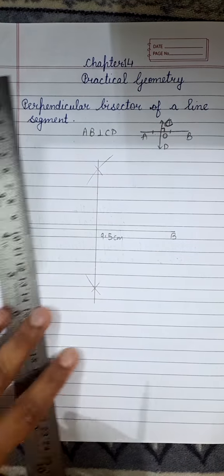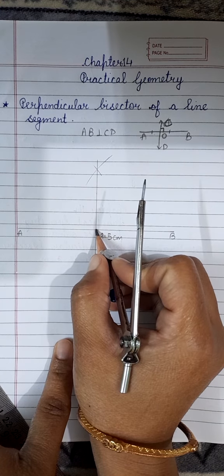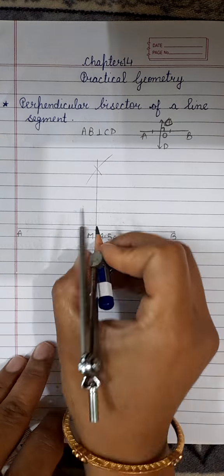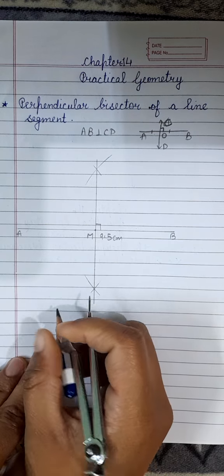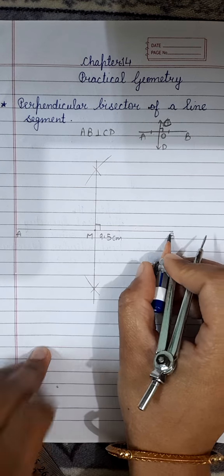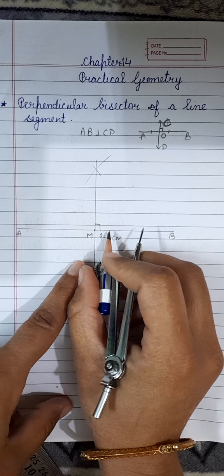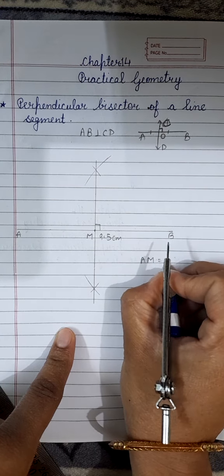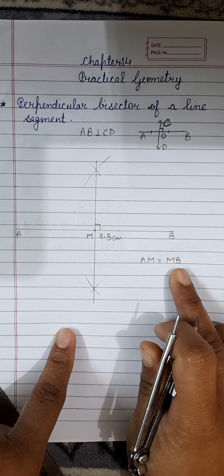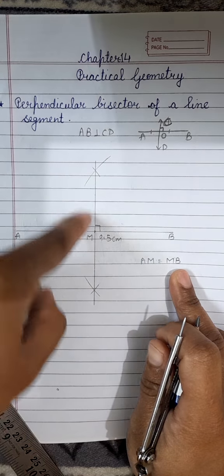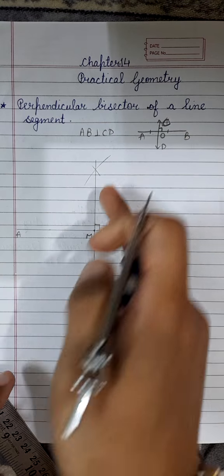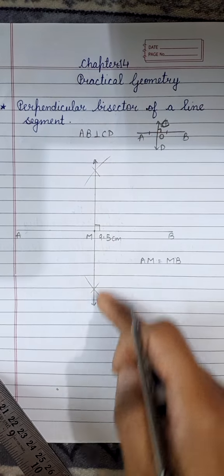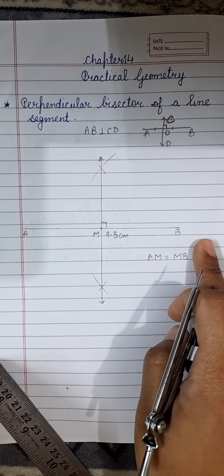When you join, you will find another point, which you can name M. So M is a point which is bisecting this length AB into two equal parts and making an angle of 90 degrees. So we can say that AM is equal to MB, because they are bisected and the angle between them is 90 degrees. So this line you can name the perpendicular bisector of AB.